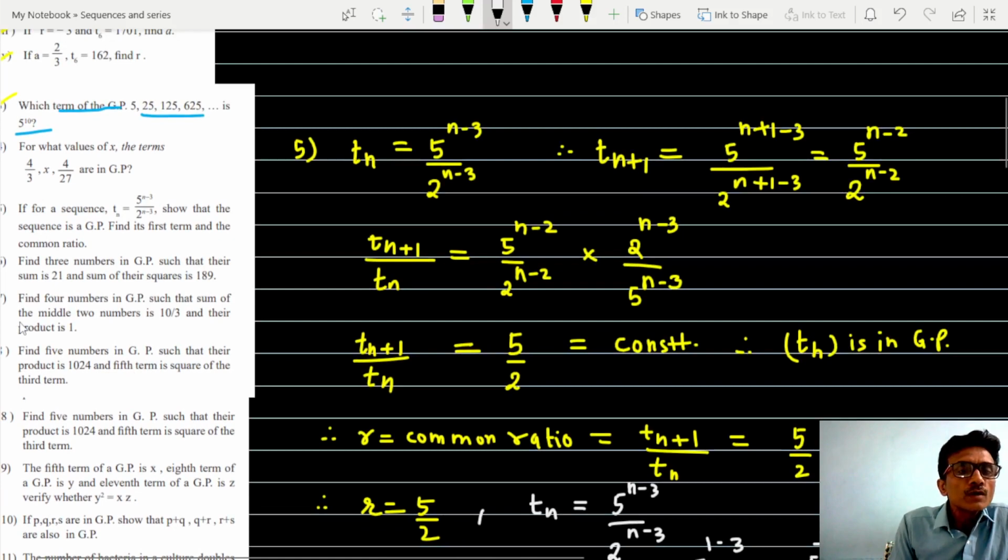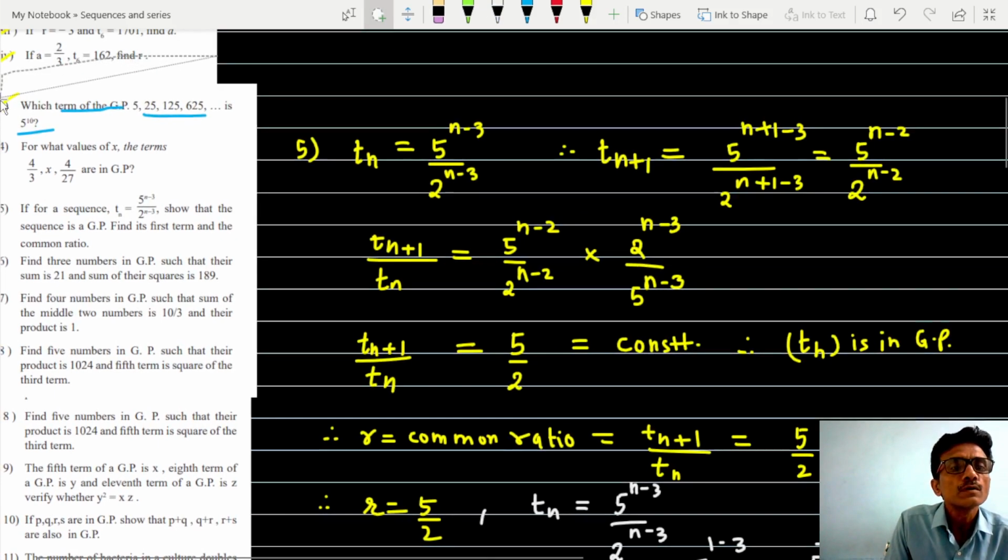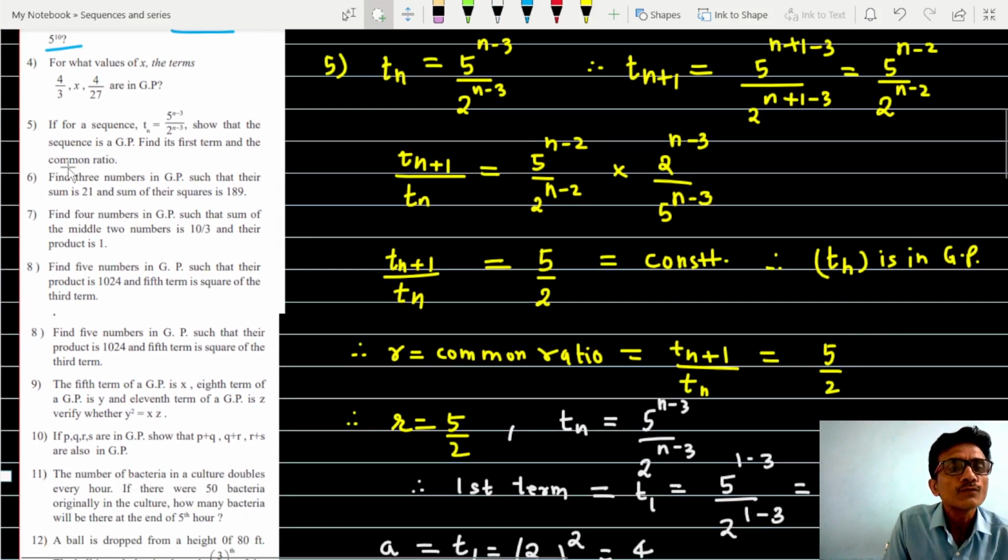So this is question number 5. Now we will do question number 6. Find 3 terms in GP.